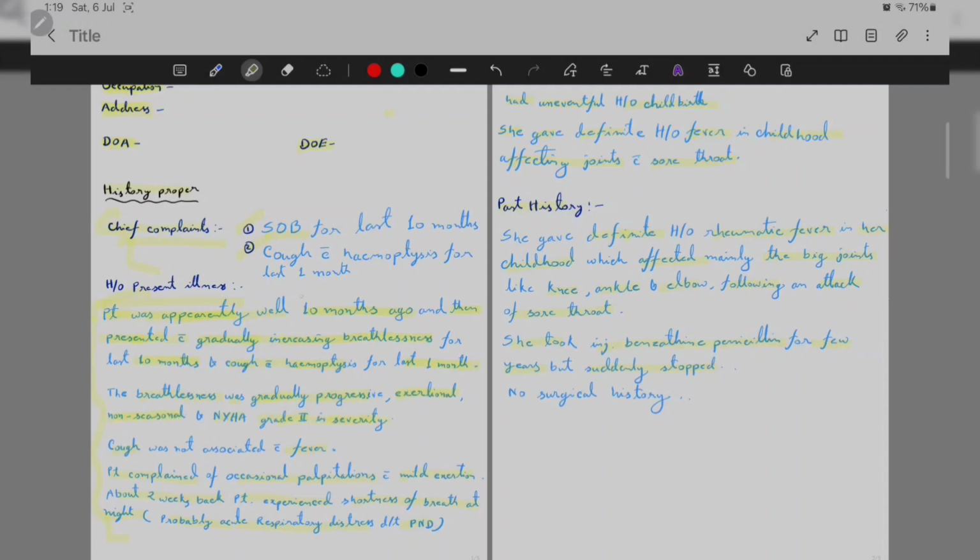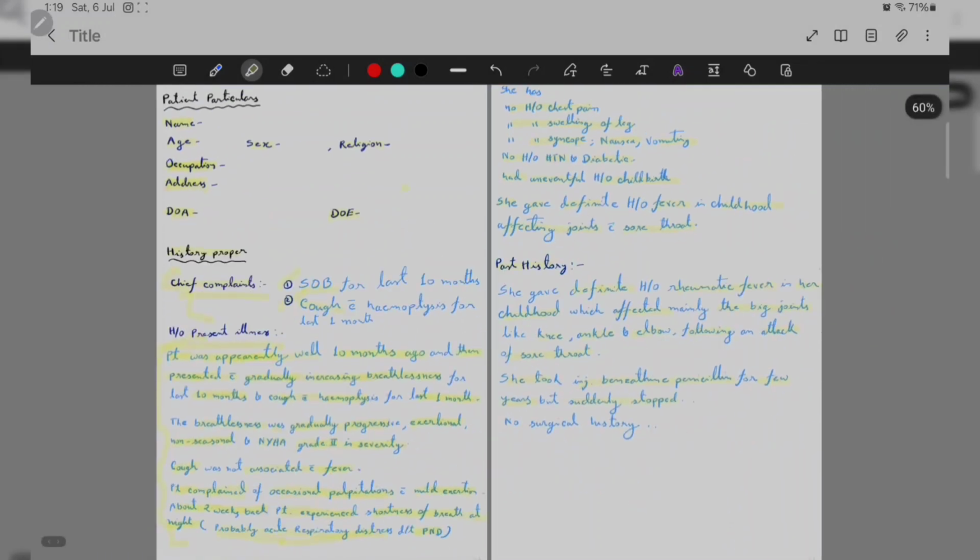After that, you have to elaborate the cough. Cough is not associated with fever, and the patient did not complain much about cough. After that, the other history, like the patient complained of occasional palpitation with mild exertion. About 2 weeks back, the patient experienced shortness of breath at night, probably a case of acute respiratory distress due to paroxysmal nocturnal dyspnea.